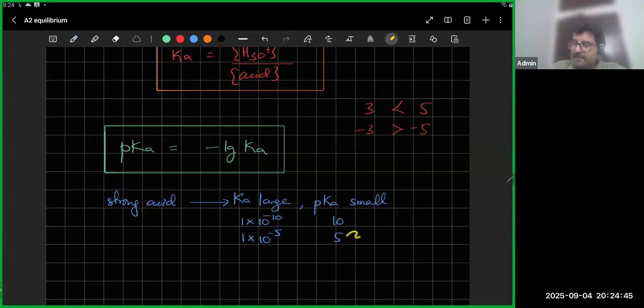But in terms of negative log, 10 is actually a bigger number. So it's the other way around. Is this clear that Ka large means your pK would come out to be small? So for strong acids, Ka would be large, but your pK, the negative log of the same value, would come out to be small. Is that clear?